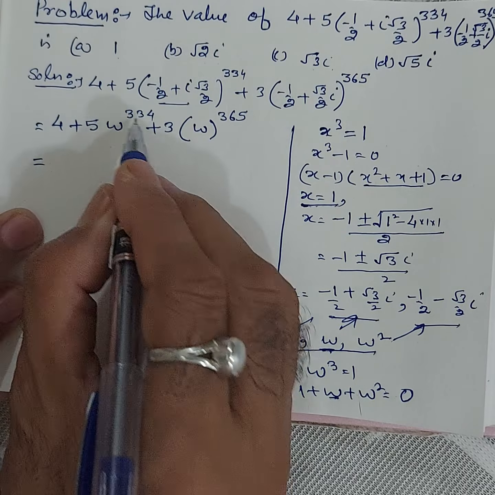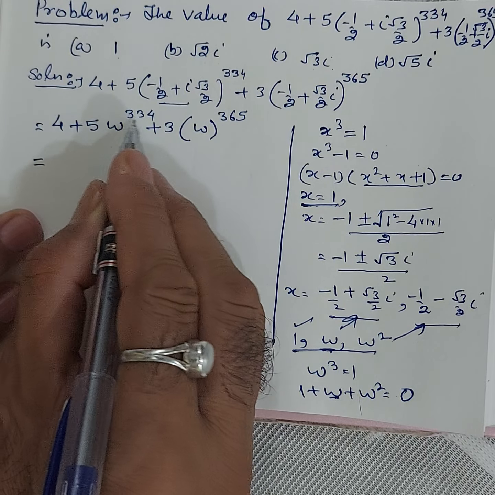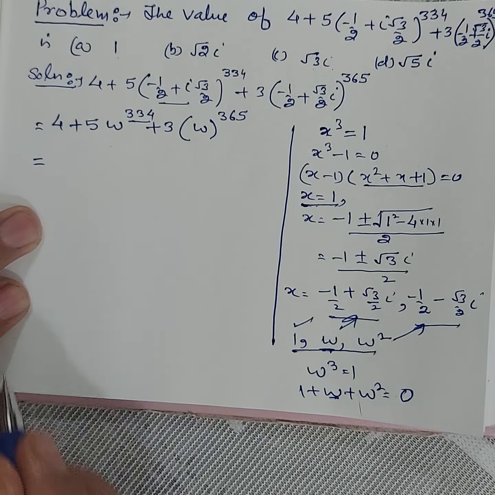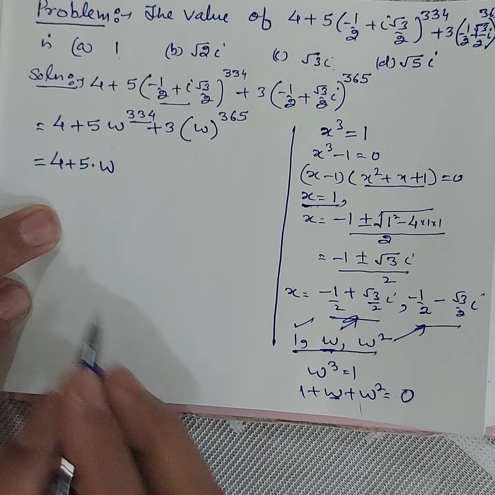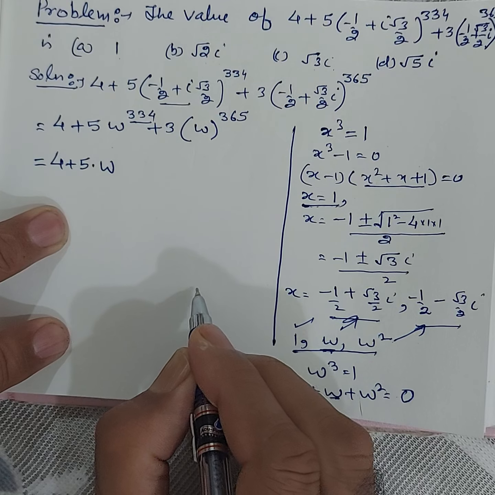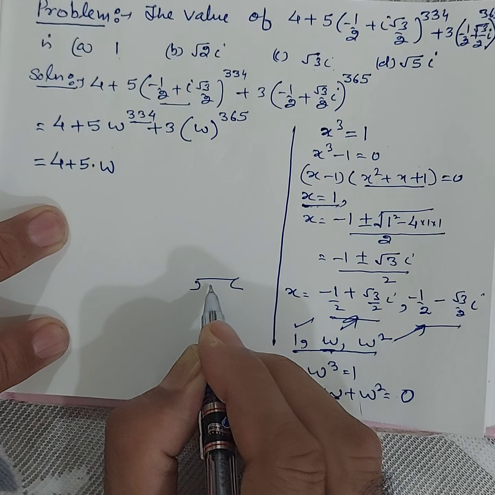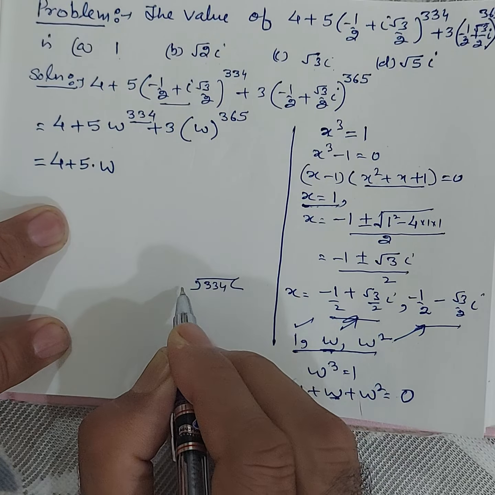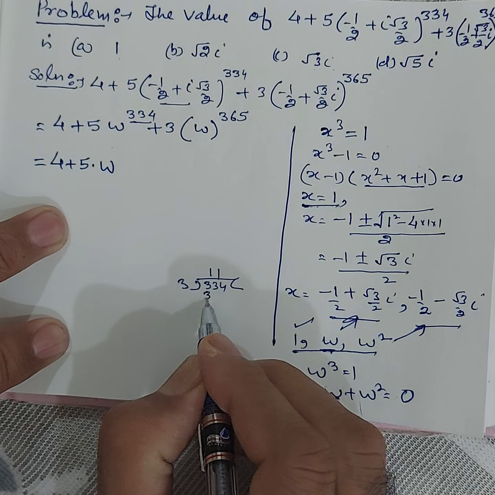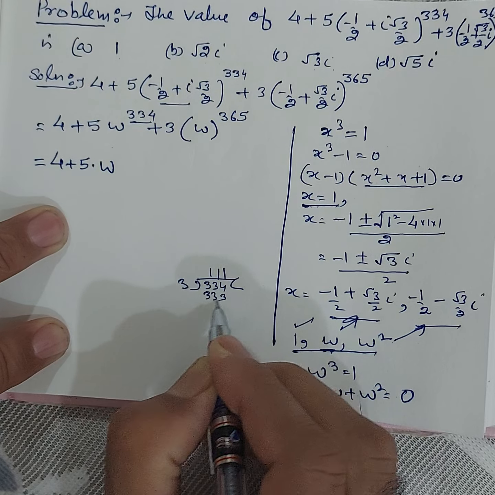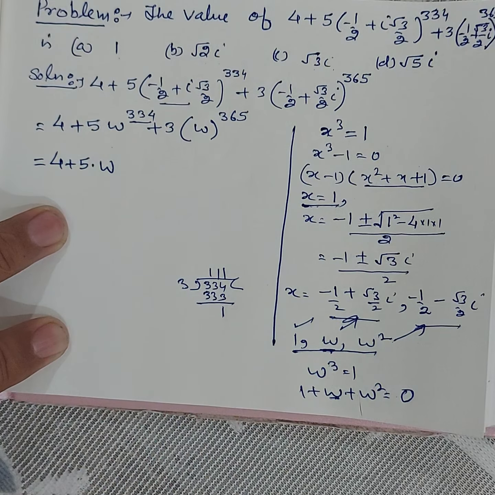Now we will divide these powers by 3 and write them in terms of multiples of 3. 4 plus 5 into omega raised to the power 334: if we divide 334 by 3, we get 111, and the remainder is 1.